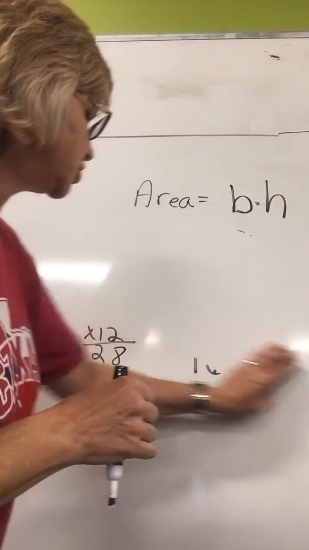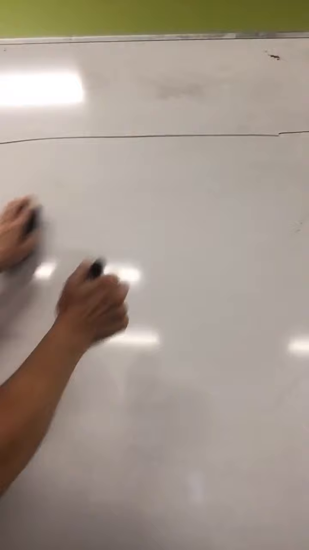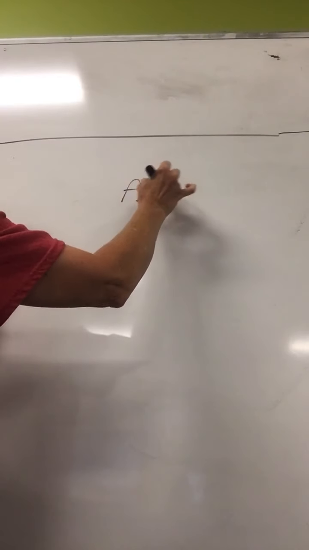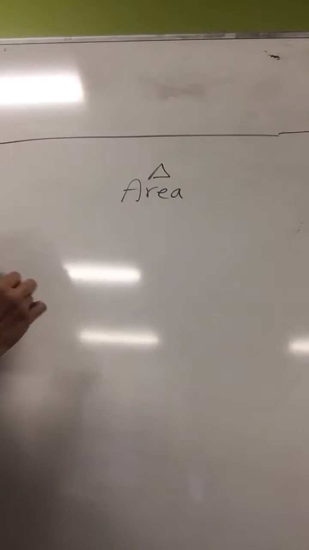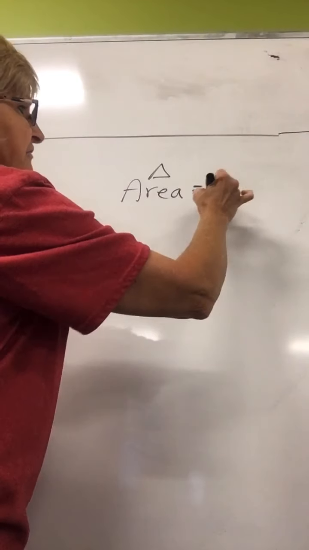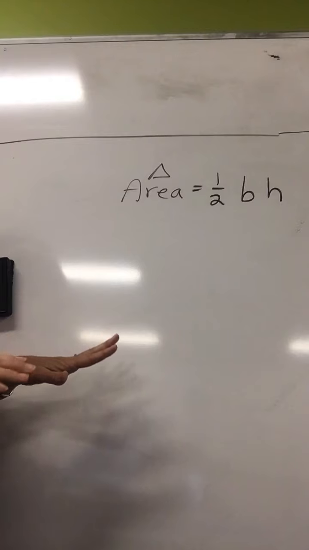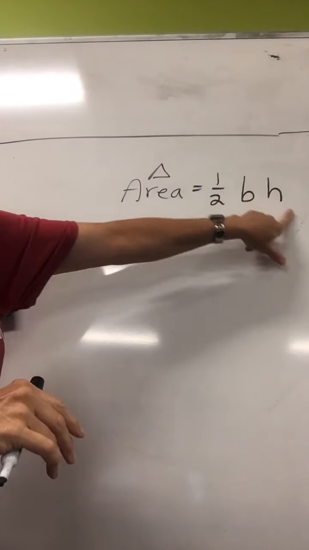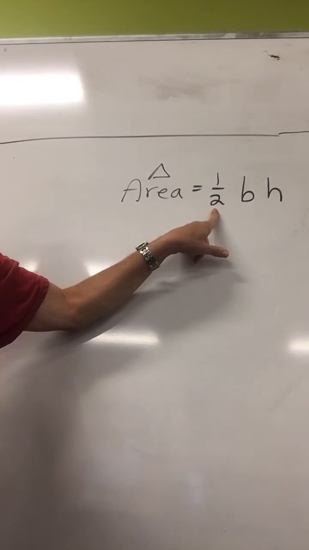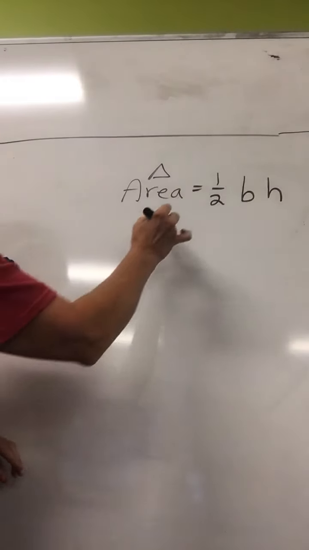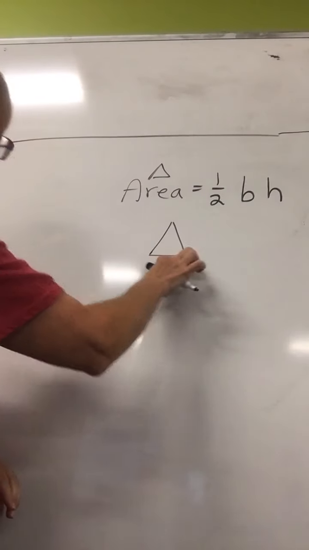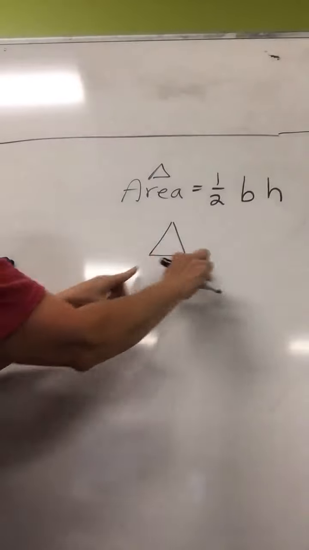The area of a triangle is a little different. The area of a triangle is 1/2 base times height. So you can do it a couple of different ways. I still am going to do base times height, but then I want to take just half of that answer. So if this were my triangle, here's my base.